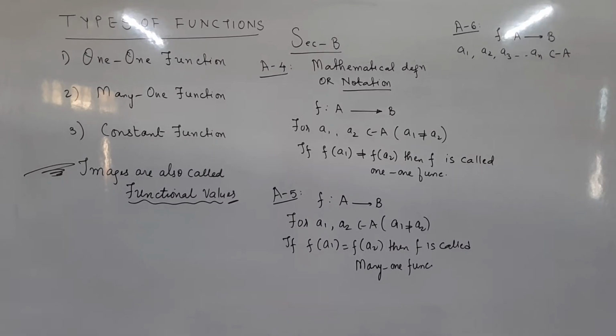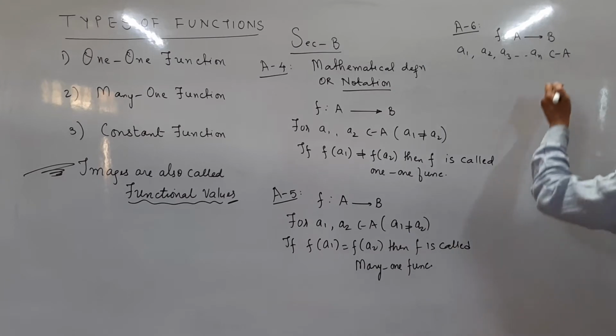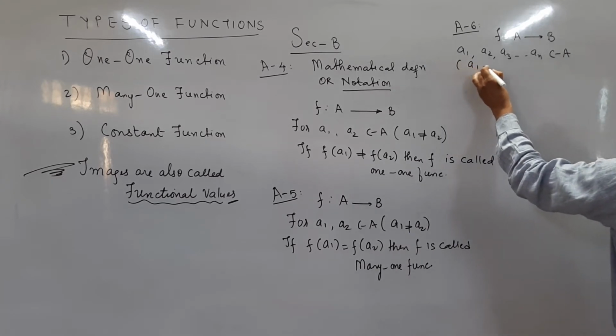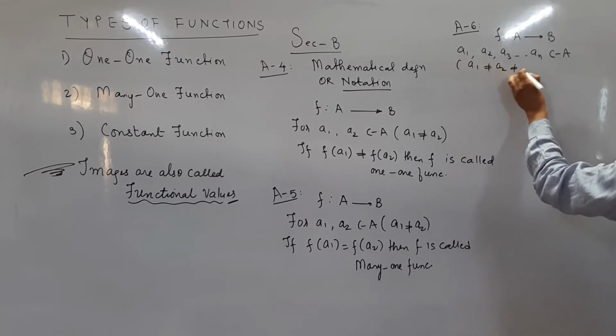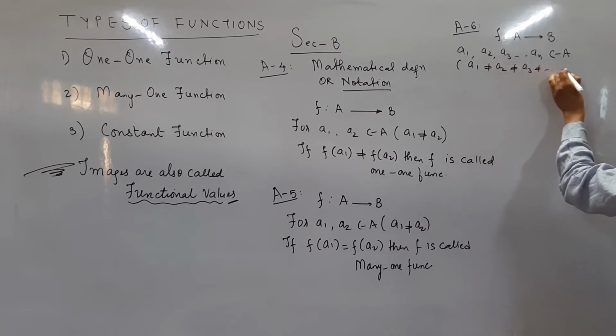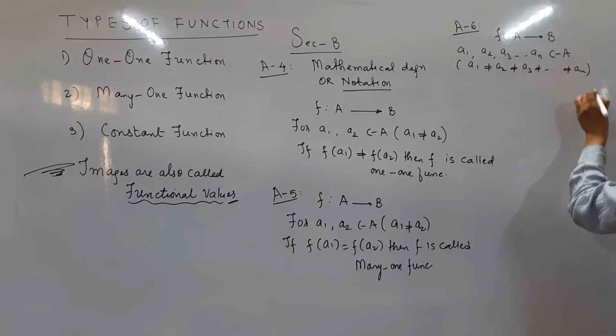Students, this notation form is not given in the textbook, so all of you please try to understand. Concentrate. a1, a2, a3 up to an belong to A, where a1 is not equal to a2, not equal to a3, not equal to an.